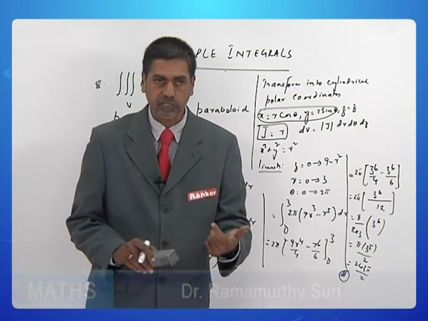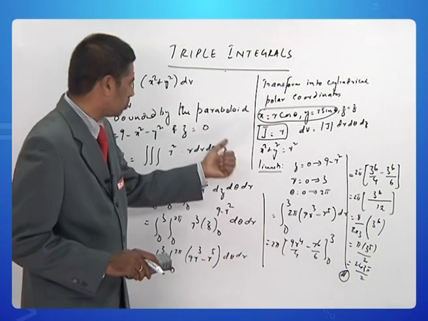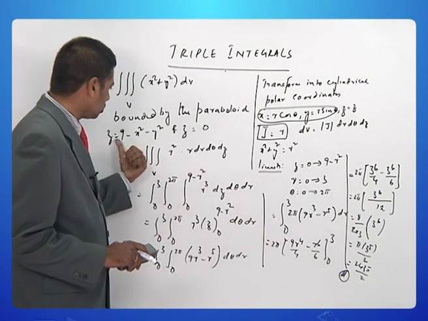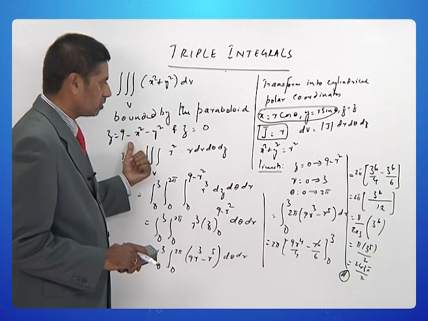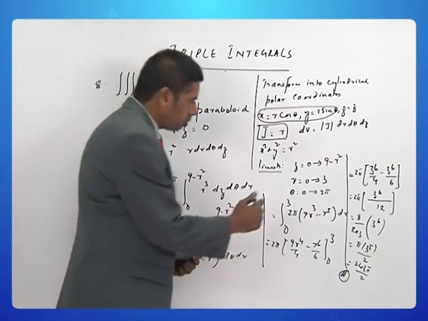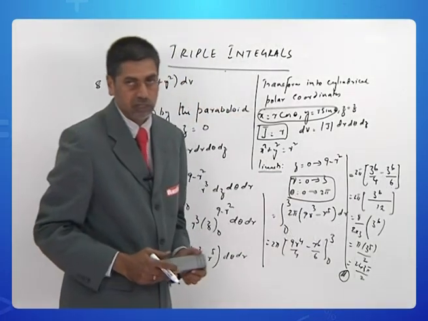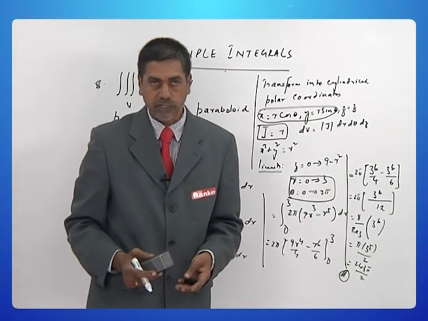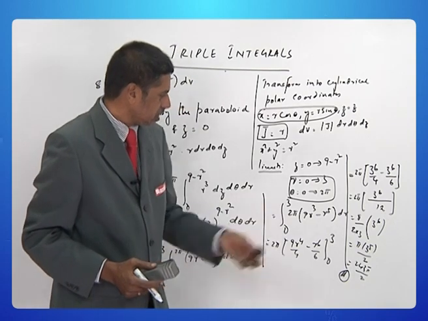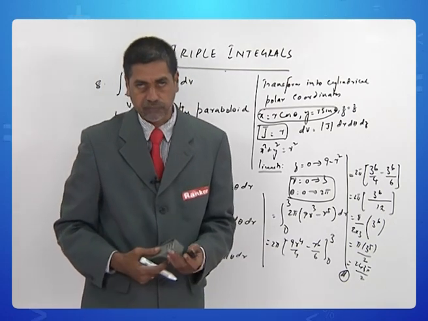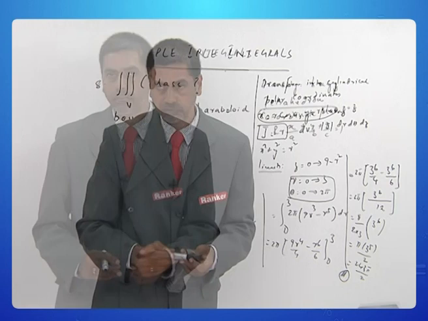That is very easy to understand once you put z is equal to 0. When you put z is equal to 0, you will get x square plus y square is equal to 9, which is a circle. So that is how we have fixed the limits of integration in polar for the circle as r is equal to 0 to 3 and 0 to 2 pi. The integration part is very simple to understand. Let's go to the next question.